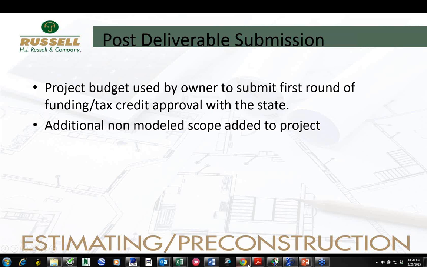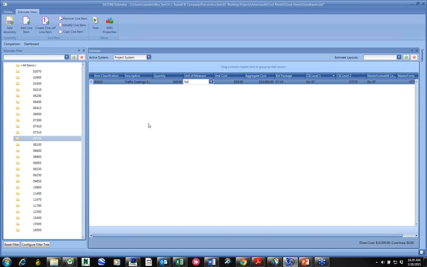Another thing I wanted to touch on is, while in Estimator, one of the things that I almost wanted DProfiler to do a number of times was to be able to copy line items.